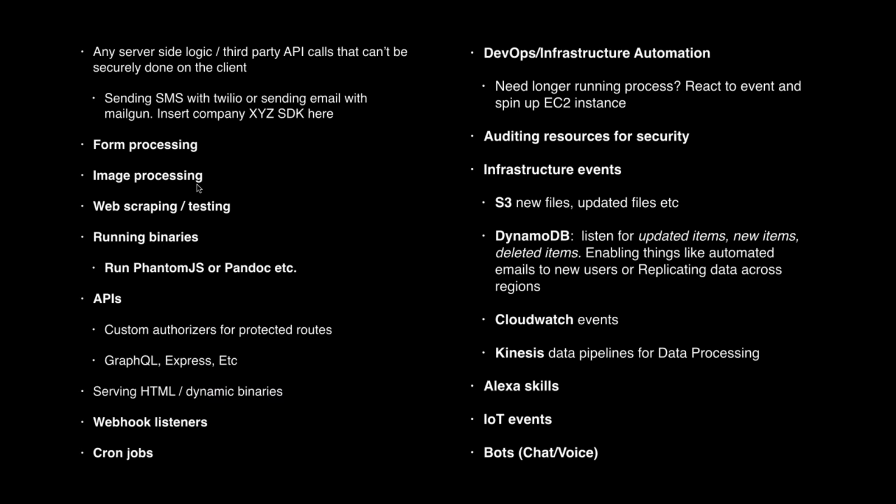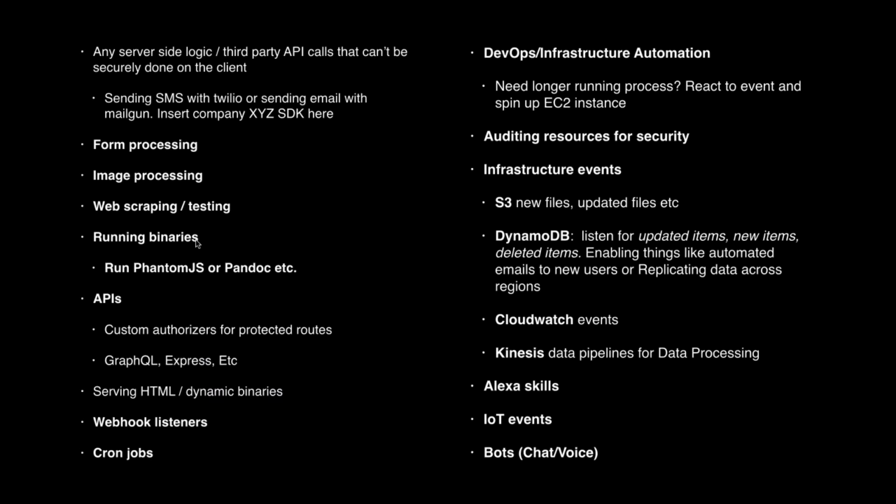Another one would be web scraping and/or testing. This is another example we'll dive into a little bit deeper. Basically, you can run binary files. If you wanted to, you could run PhantomJS, or Pandoc, a document converter that converts Word documents to PDF and a bunch of other formats.